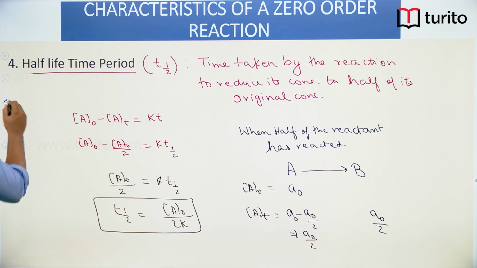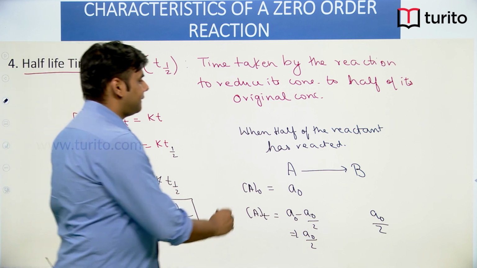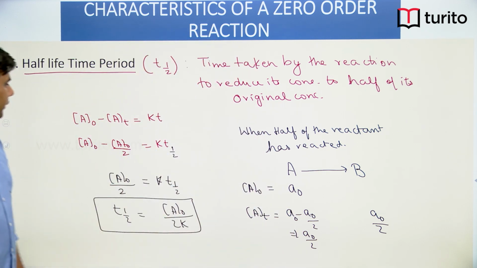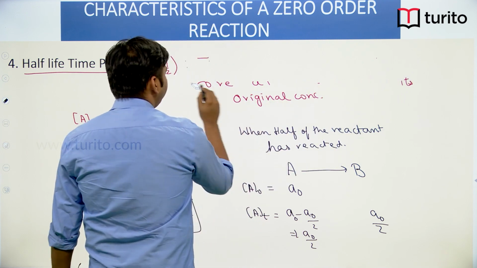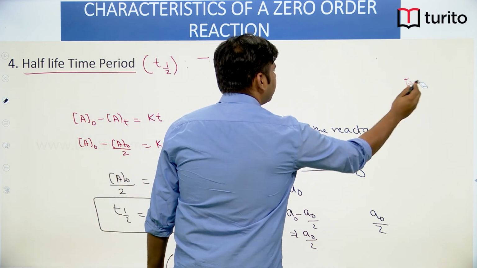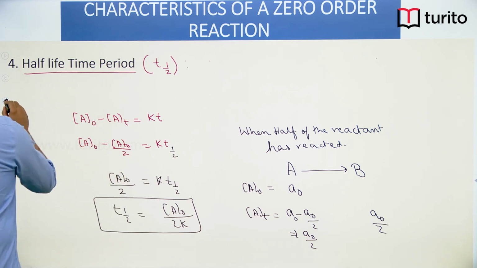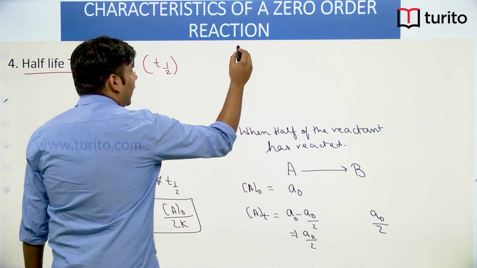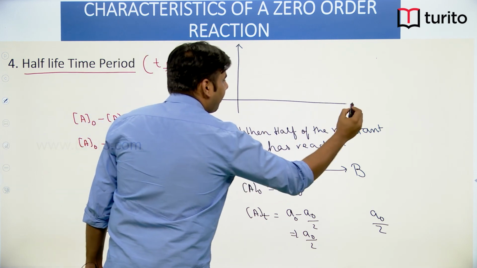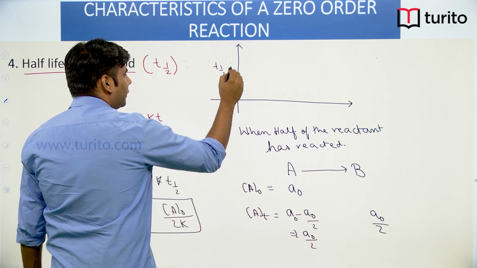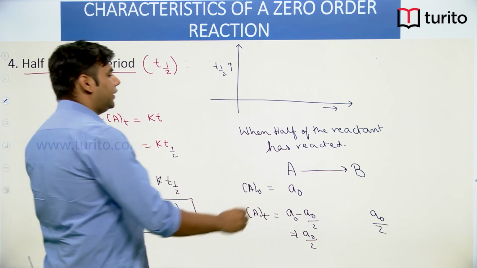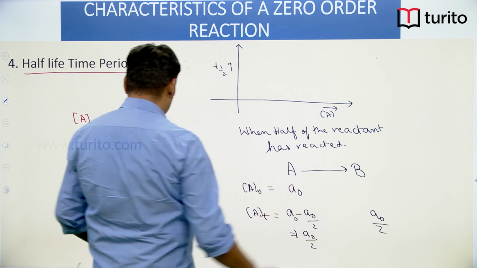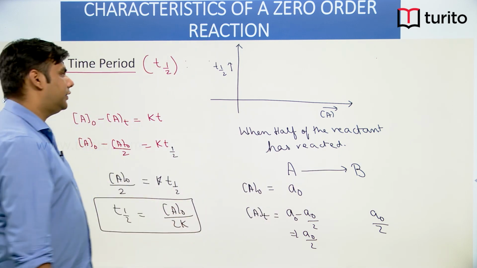So if you plot, just write it if you have not written, the half-life time period with the initial concentration, we'll say that T half is directly proportional to the initial concentration.